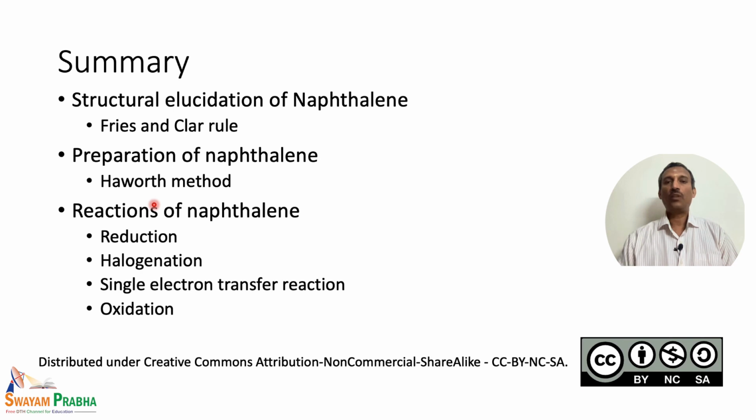We then studied the various reactions of naphthalene. What is a reduction reaction? If naphthalene is reduced, what are the different types of reduced products we get? Say, for example, whether we get tetralin derivatives or decalin derivatives, all those reactions we have seen. We also studied the halogenation of naphthalene, whether the halogenation occurs in the same ring or in different rings, and whether we get the mono, di or tetra halogenated products.